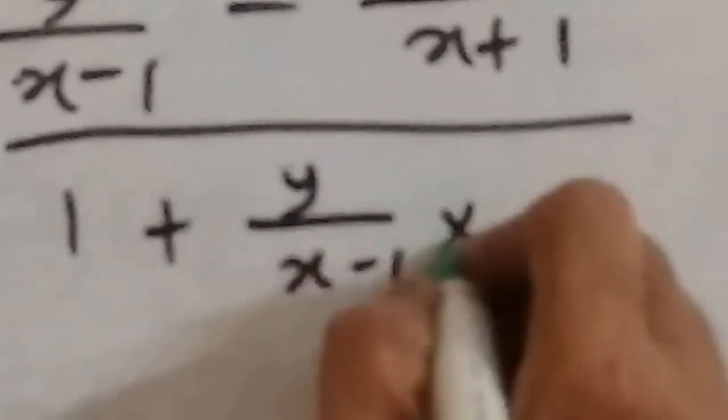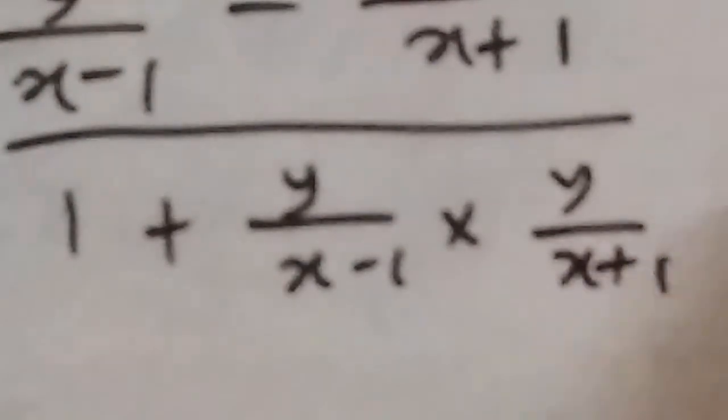Now it is of the type tan inverse a minus tan inverse b is equal to tan inverse of a minus b by 1 plus ab. So 1 plus y by x minus 1 times y by x plus 1 is equal to pi by 3.